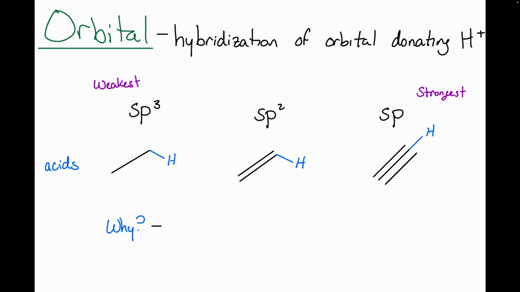It actually is just a kind of simple argument about the size of these orbitals and how closely they're held to the nucleus of that atom. Turns out that sp hybridized orbitals are a lot more tightly held to the nucleus. So when you have a negative charge in those sp orbitals, they're closer to that positively charged nucleus, making them a little bit more stable.